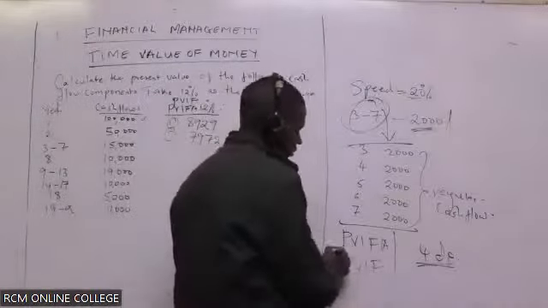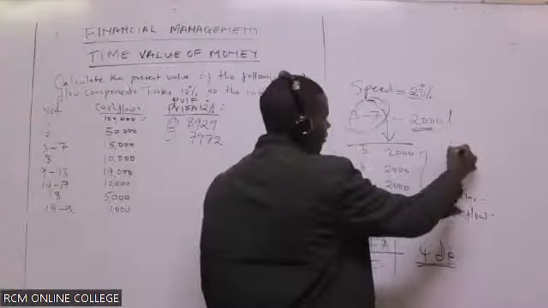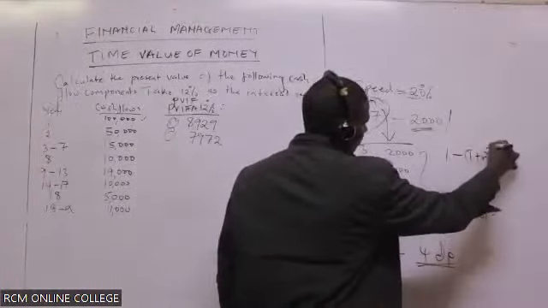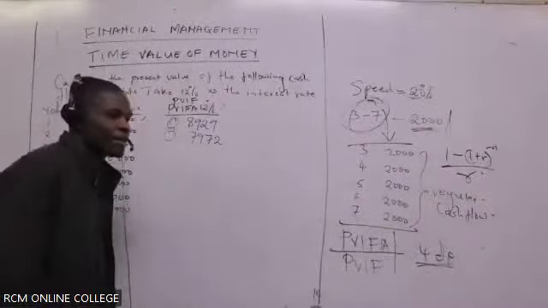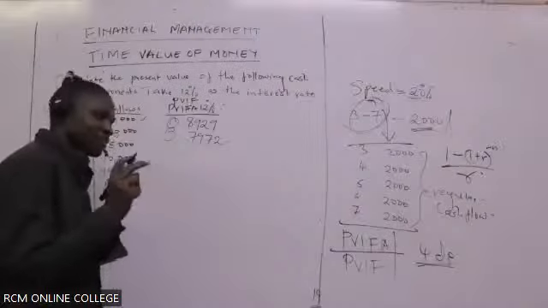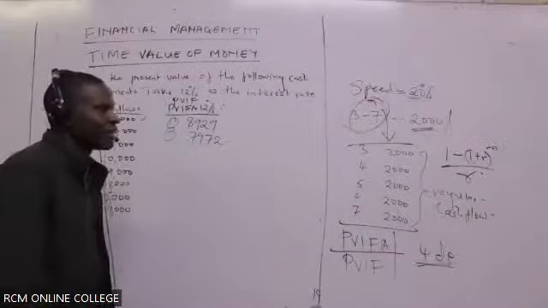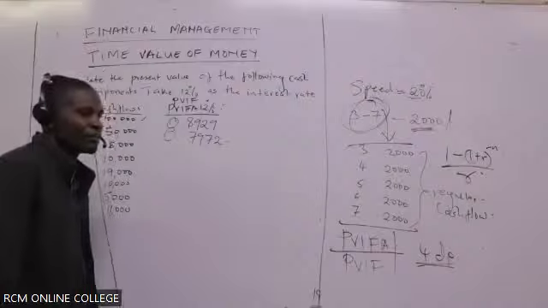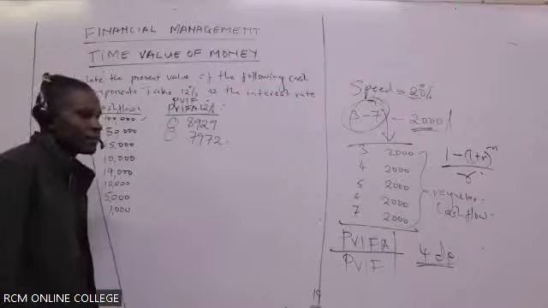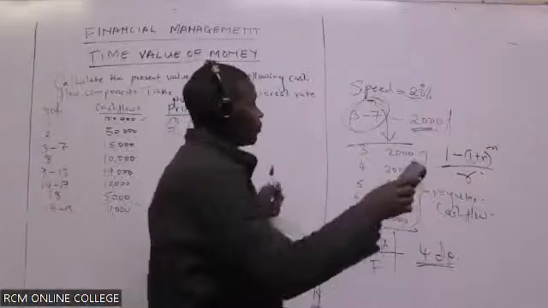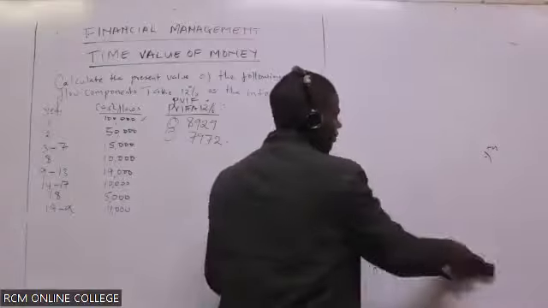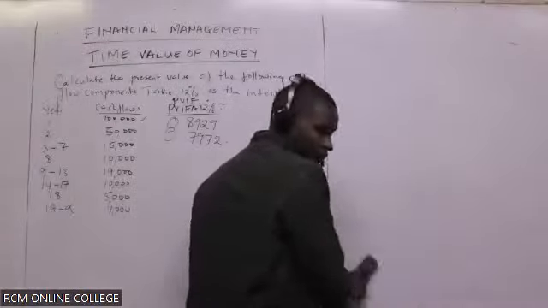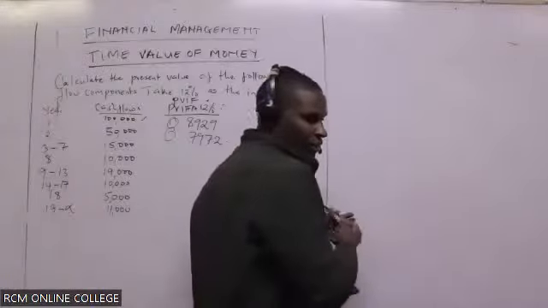It falls on the regular annuity, which is PV for 1 minus 1 plus R negative N divided by R. So give me the answer, I want to get variety, different people giving us the answer. 4.5638. Here is where I want everyone to listen carefully. This is where many people make mistakes as far as this question is concerned. I want us to understand each other well. I can see only one person giving me that.